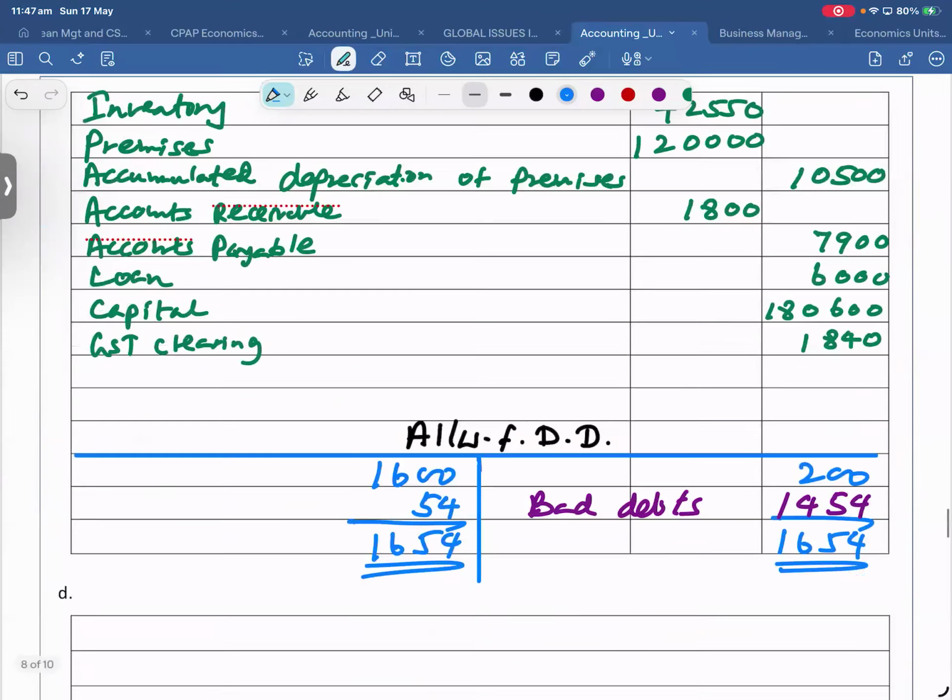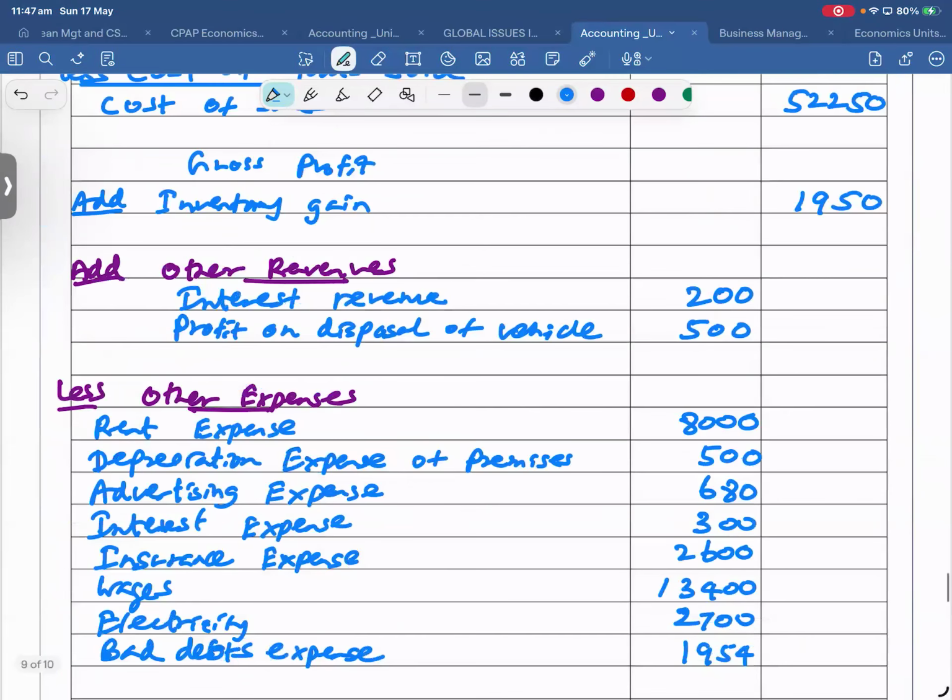That's it. Then it's a matter of calculating the profit. Shall we calculate? Gross profit is firstly again 52,250 because of the 50% markup. And then inventory gain we are adding and we arrive at adjusted gross profit.